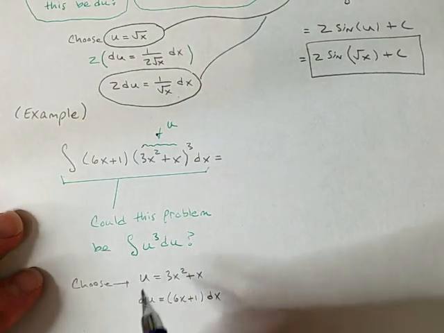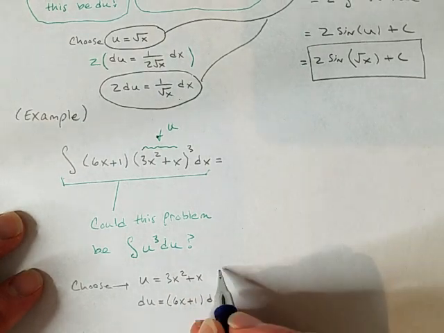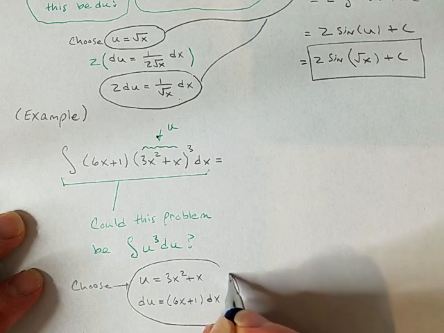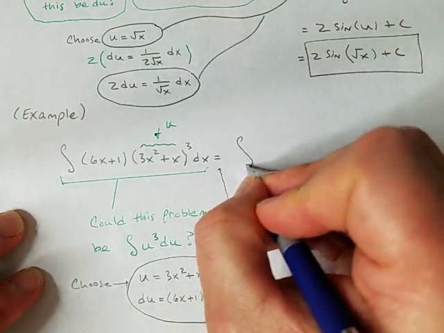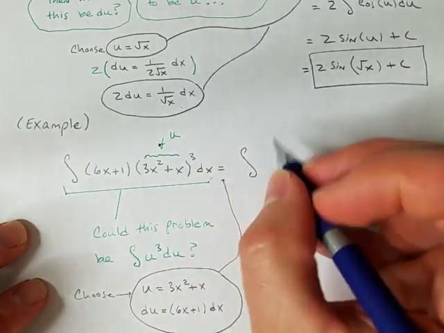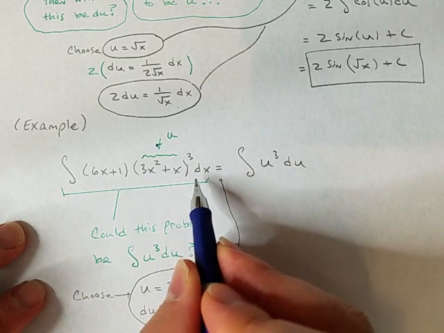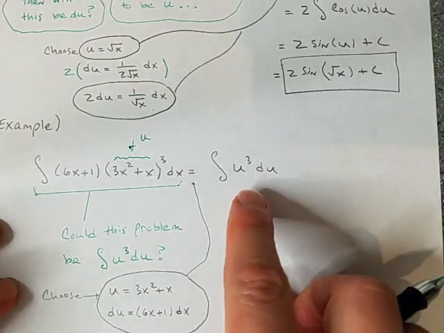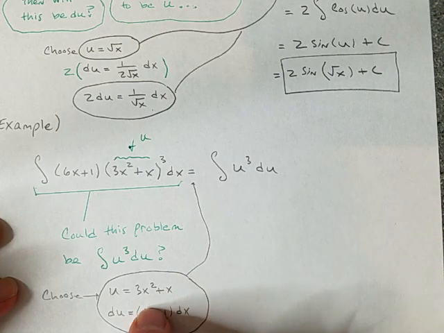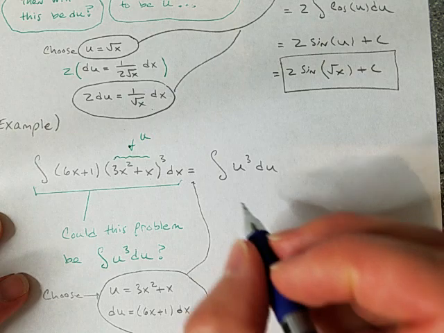Remember, the goal is to substitute u and du. They both have to go in, and here we have no problem doing that. So yes, this will be u to the third power, and then 6x plus 1 dx will be du. Right here in this step, that's what we get. Did this substitution turn that problem into something that's easy for us that we know how to do?